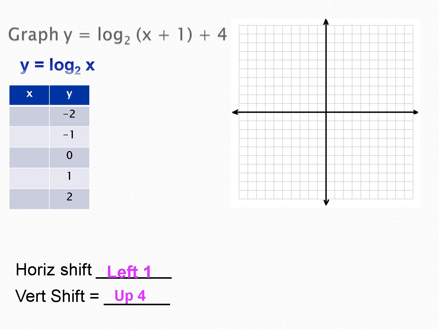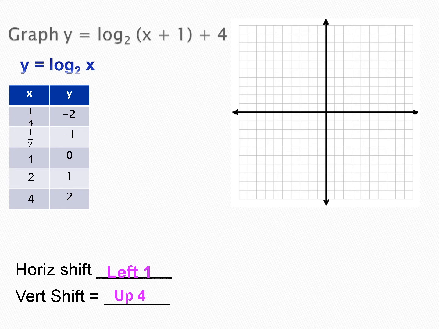So my b value, my base, is 2. So 1 over 2 squared is 1/4. 1 over b, 1 over 2. 0 is 1. 1 is 2. And then 2 is 4. Okay, so I've got my logarithmic parent function.